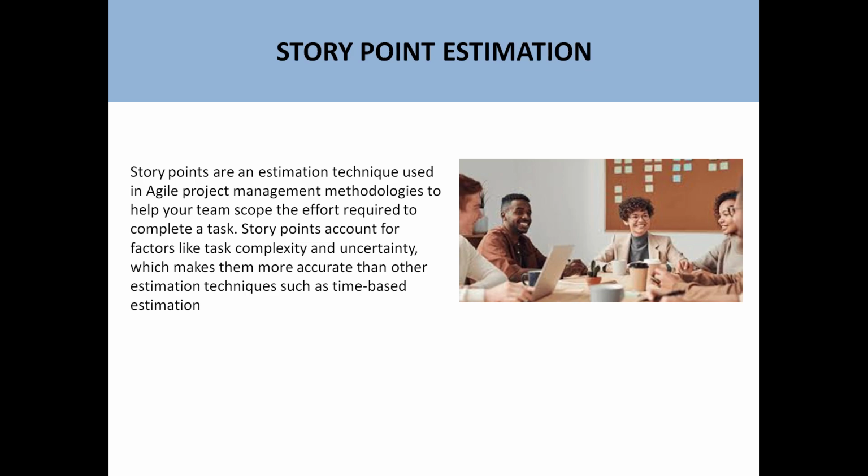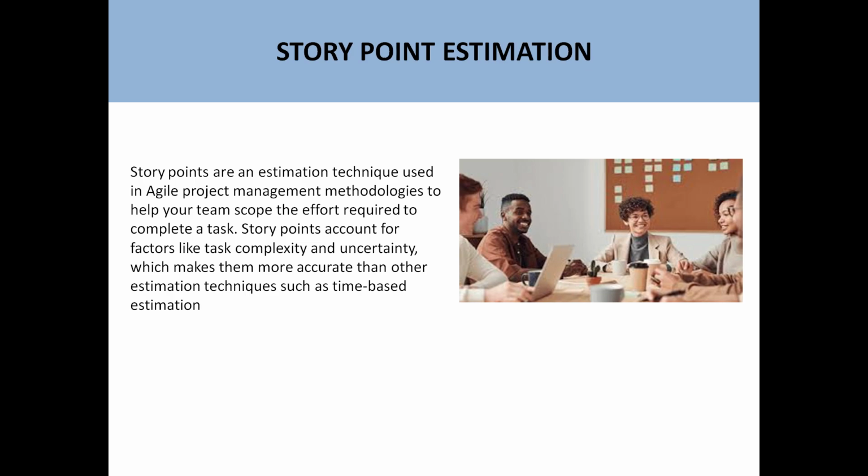Now story point estimation. For example, there are 10 stories in a project. To estimate the user story, that how much time is required, based on the complexity and the risk associated and the difficulty level, we assign points to the story. Based on the points calculation, we can estimate how much time is required to complete a story.